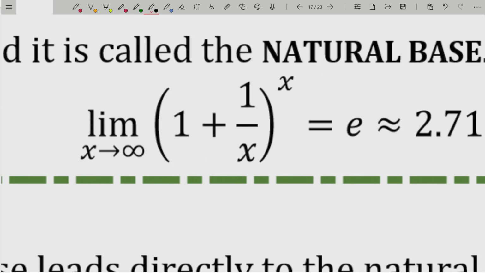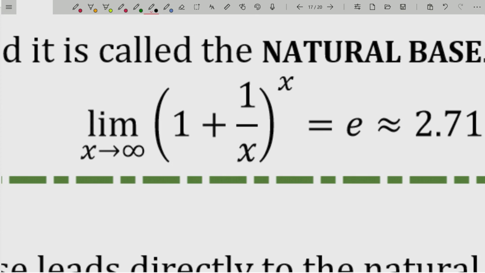So this is basically saying, what if you were to compound not just every day, not just every hour, not just every minute, not just every second, not just every nanosecond, but every single slice of time that you compound.